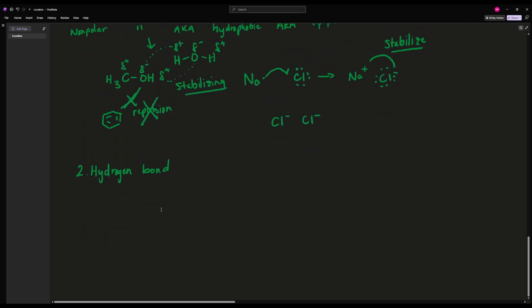We need a hydrogen with a partial positive, so it's bonded to something, that's what R means, with a partial positive, and it is interacting with something, let's call it A, with a partial negative.